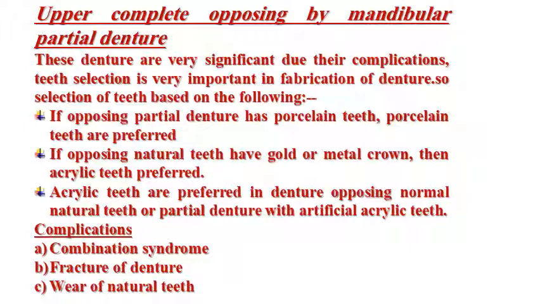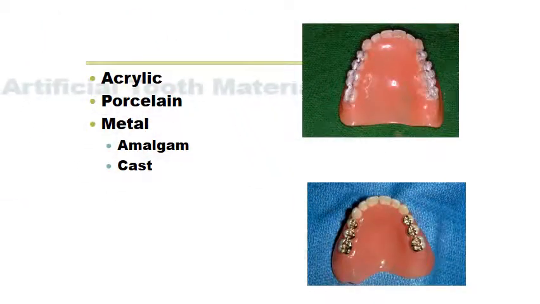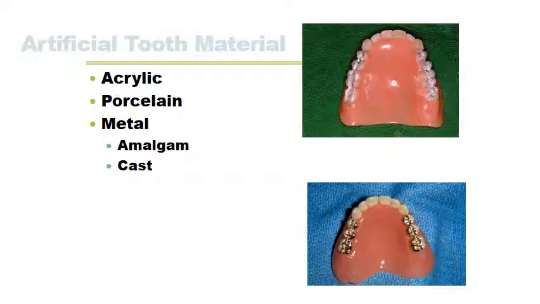This case of upper complete denture opposed by a mandibular partial denture has complications, and these complications include first, combination syndrome, second, fracture of the denture, third, wear of the natural teeth. For the condition of wear of the natural teeth, we have types of artificial tooth material: either acrylic, porcelain, or metal, and the metal is either amalgam or cast.